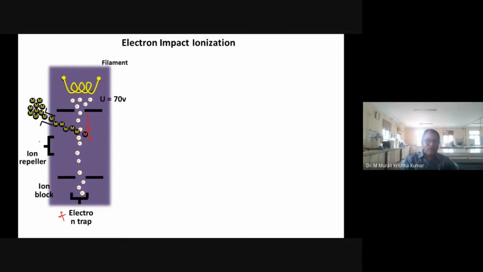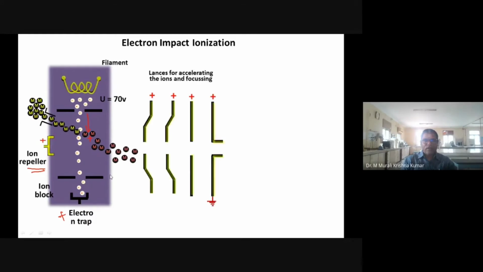Here also we make use of an appropriately charged electrode, so that it acts as an ion repeller. So the positively charged ions are going to be moving away from the ionization chamber. How are they moving?